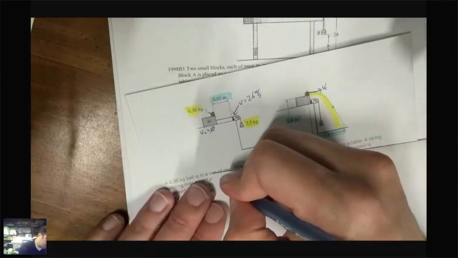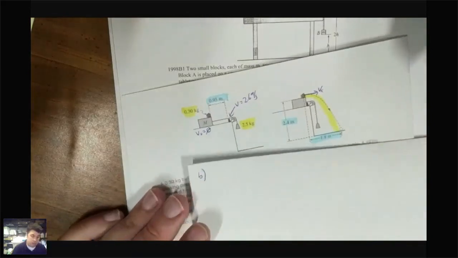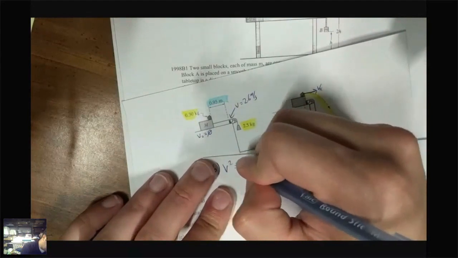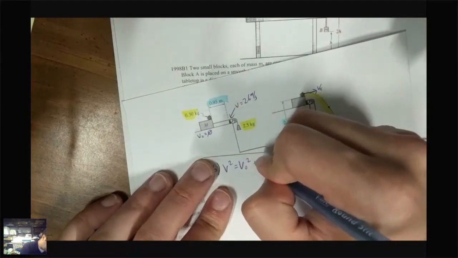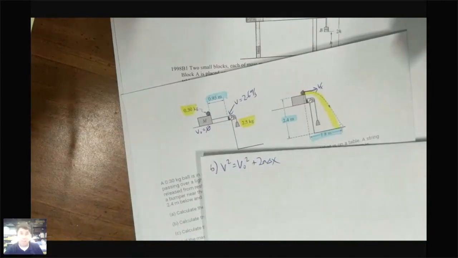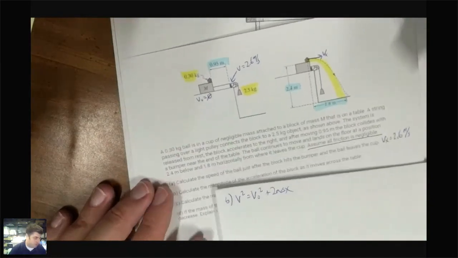So the best way to do this is to use the kinematics equation that doesn't involve time. That's v squared equals v naught squared plus 2a, and I'm going to write it as delta x. x minus x naught is how your reference tables write it. I like this one a little bit better, but that's just me.